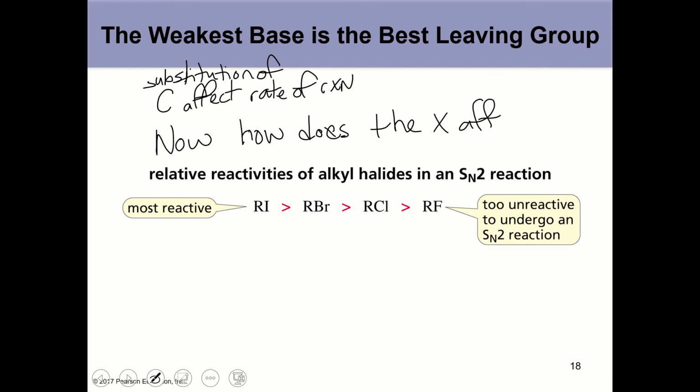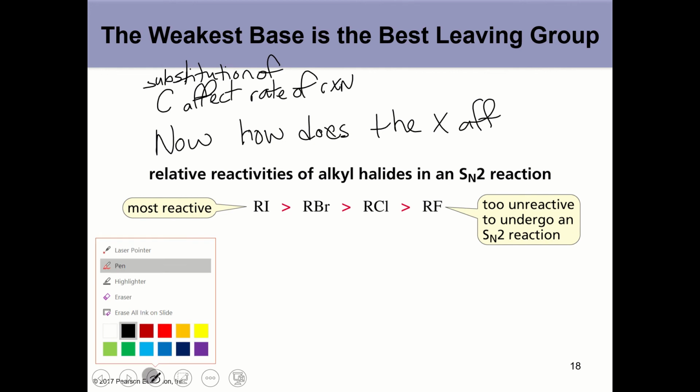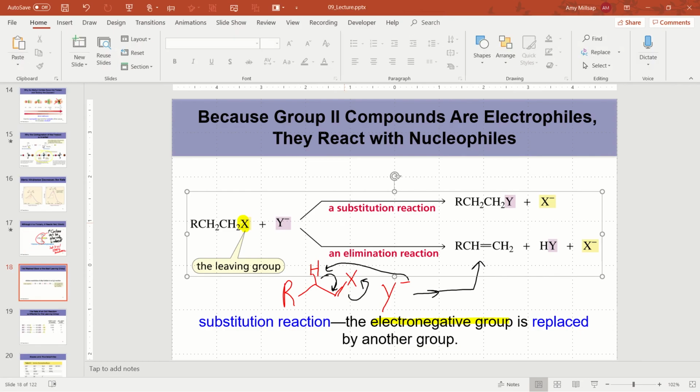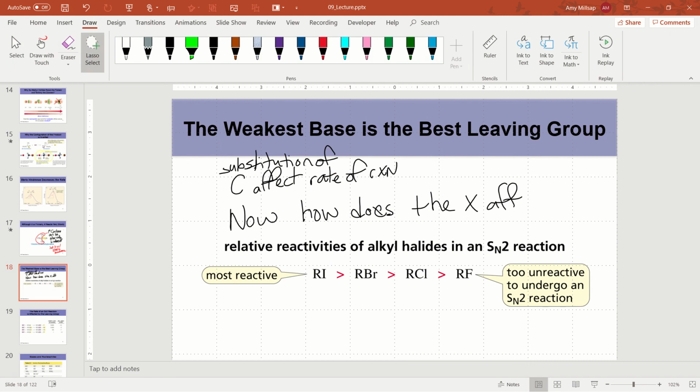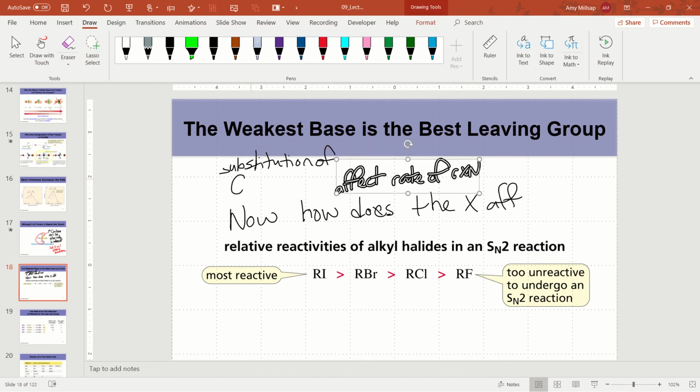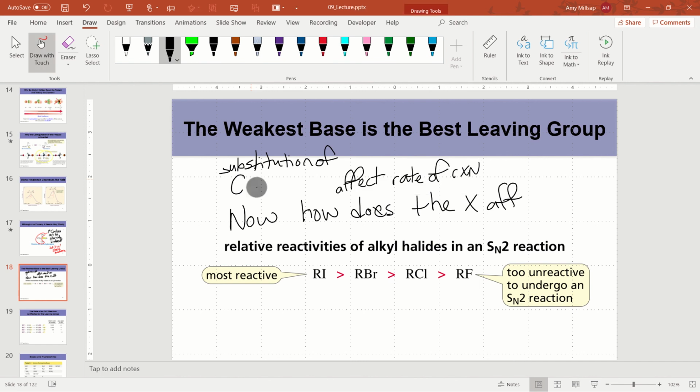So we know how the carbon affects the rate of reaction, the substitution of the carbon of CX.